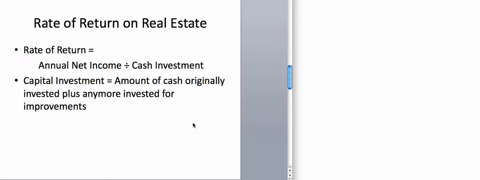Rate of return is equal to the annual net income divided by the cash investment. And then you have a capital investment, and that's the amount of cash that you originally invested plus any more invested for improvements.